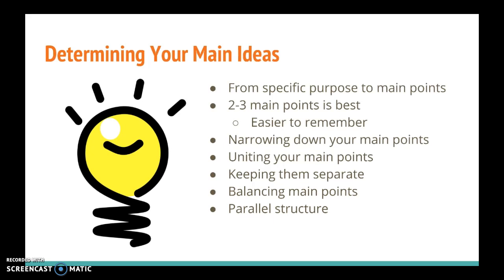In addition, we want to be sure that we have what we call a parallel structure to our main points. In other words, we use the same language to write out our main points so that they are all easier to remember. For example, my specific purpose might be to inform my audience about the benefits of karate. My first main point might be the benefits that karate has to the mind.